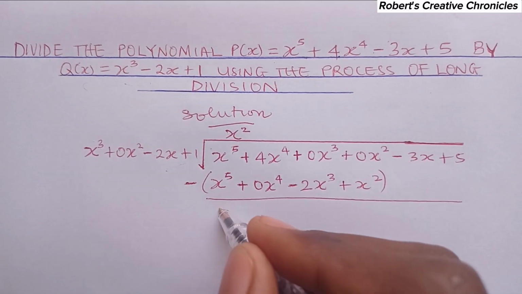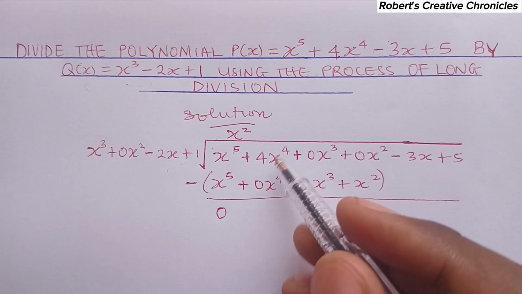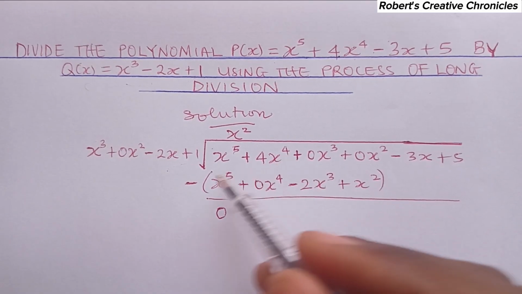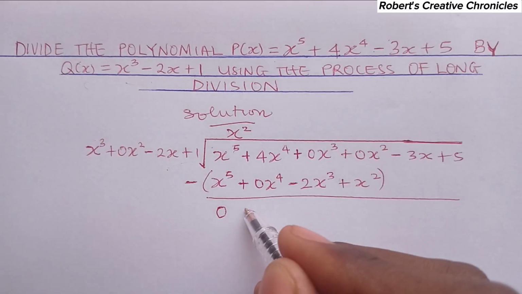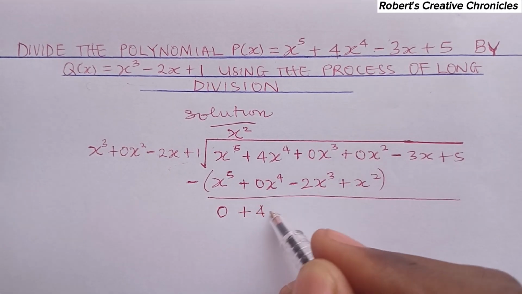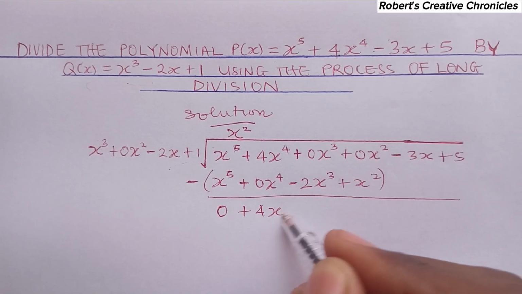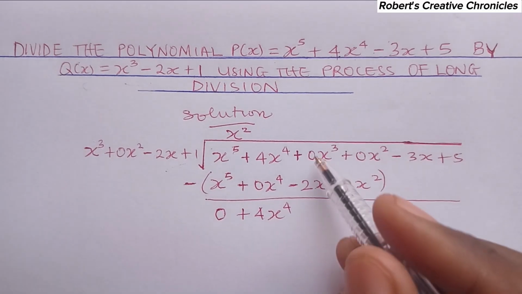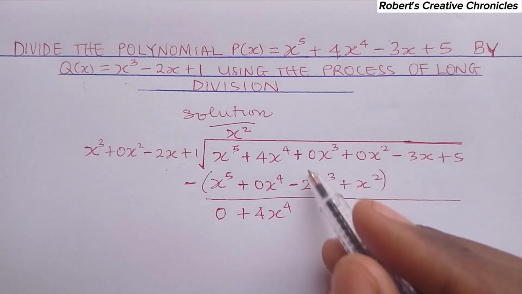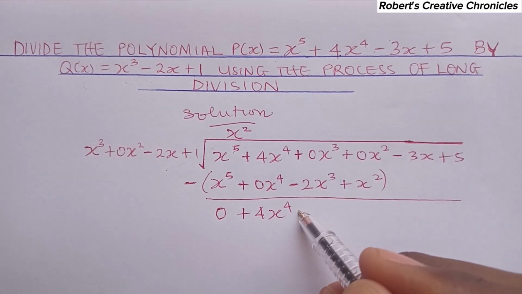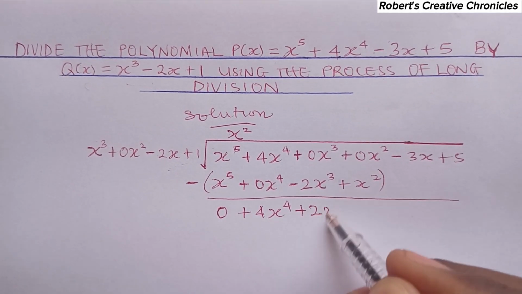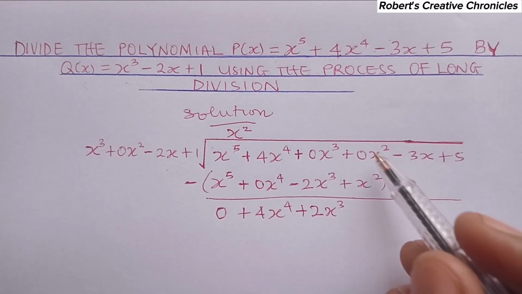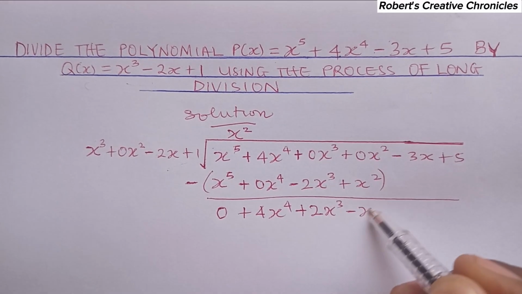Then we'll subtract this from this. So this minus this is 0. This minus this is plus 4x to the power of 4. This minus this is minus minus, so it's plus 2x cubed. This minus this is negative x squared.